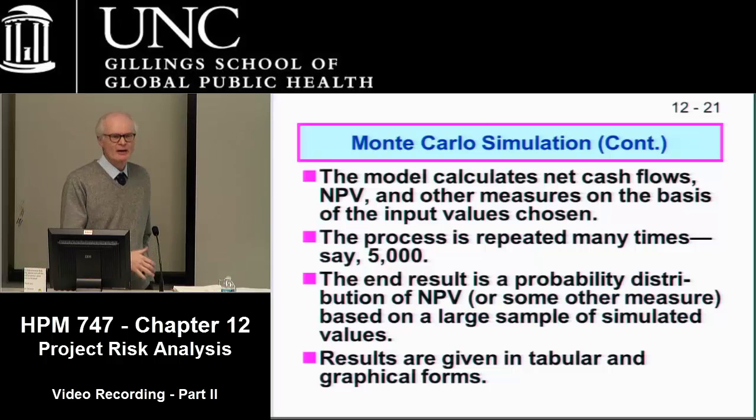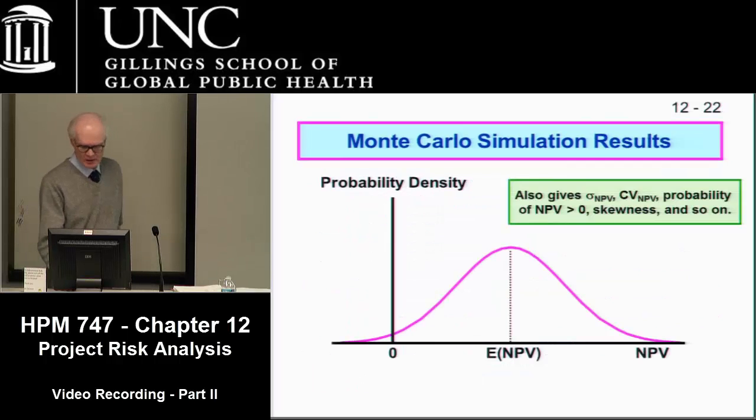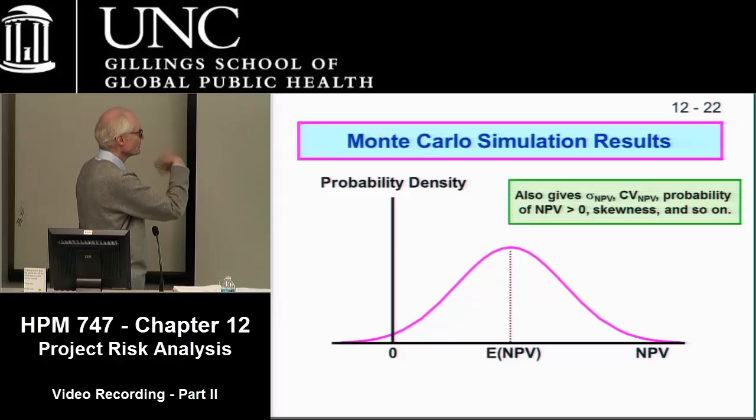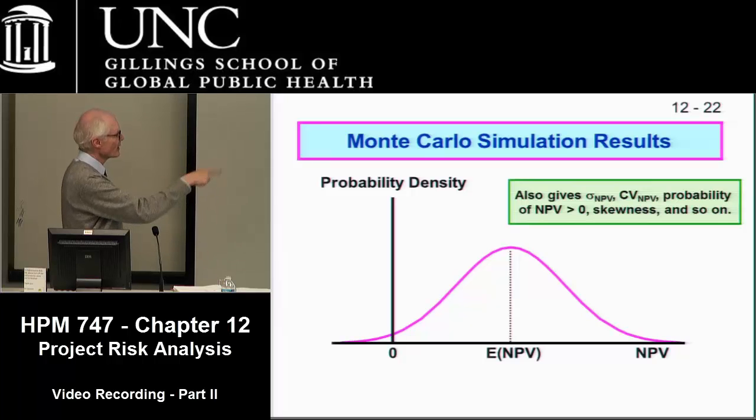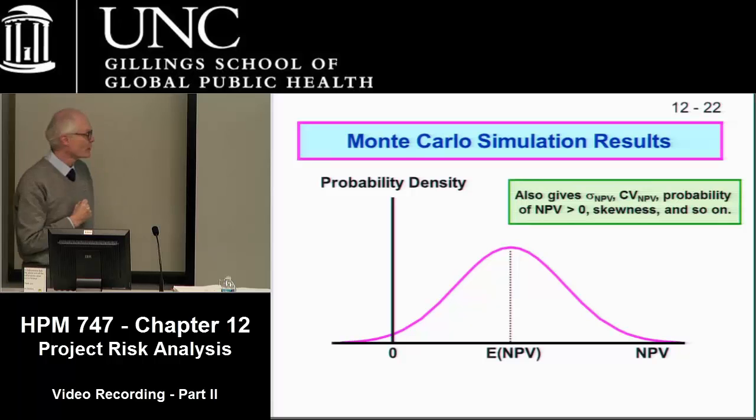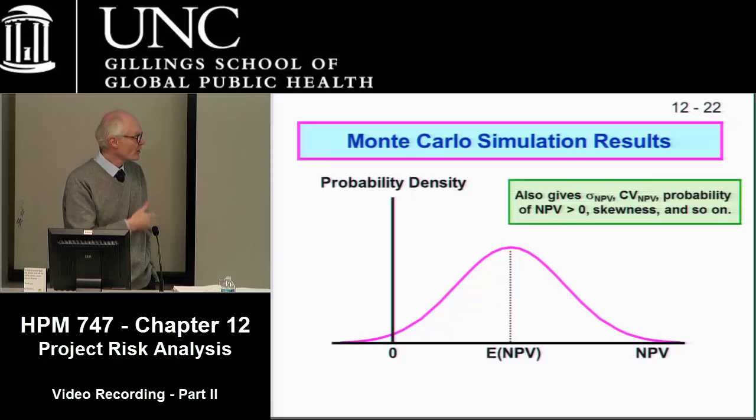The great thing about it is, let me go through what the advantages are. It constructs a probability distribution. So it tells you the expected value of NPV, which is our $117,000, but it also tells you how risky it is around that expected net present value. There again, you can construct measures of skewness and distribution.